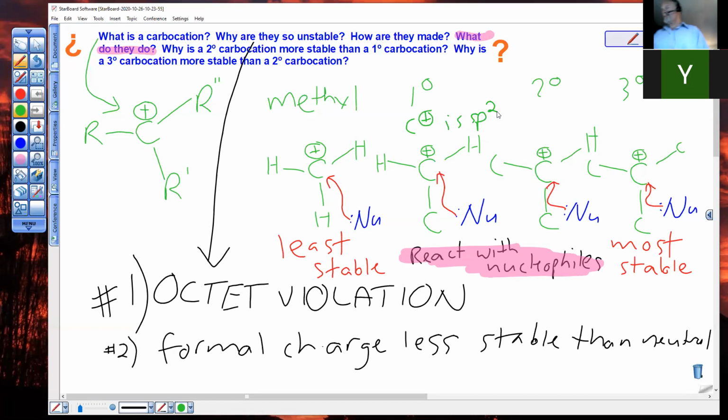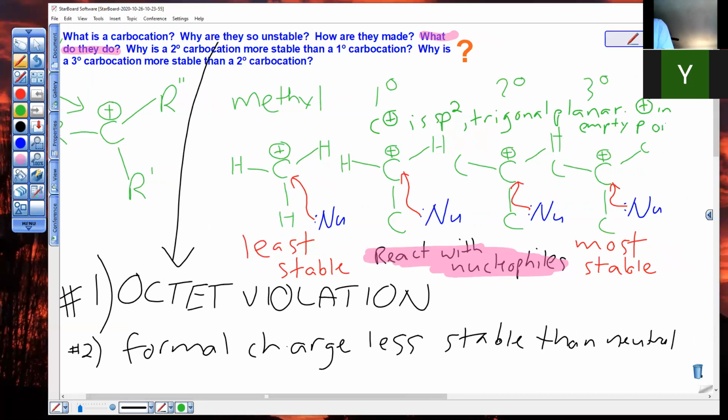Empty p orbitals where the plus lives. So trigonal planar, plus in an empty p orbital. On our next page, we'll draw that out. Right now, let's get a little box around this of some kind.